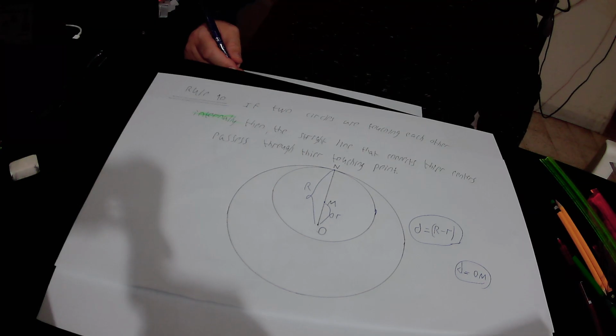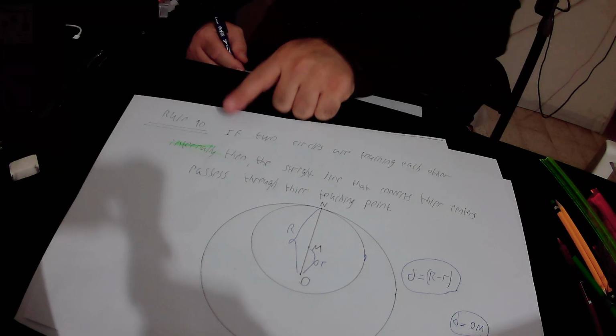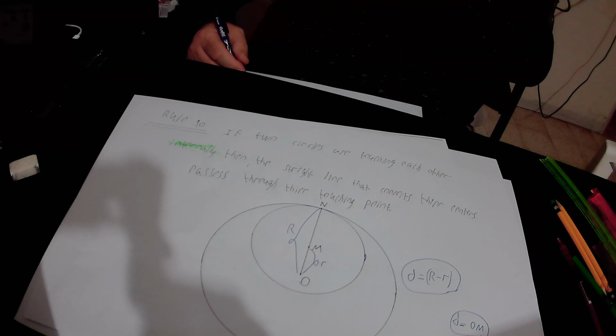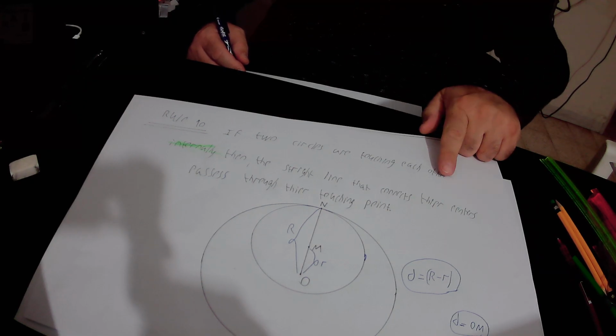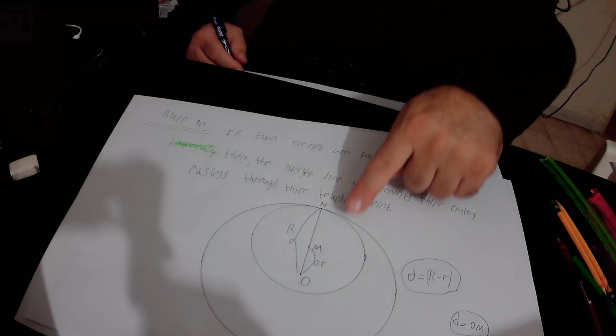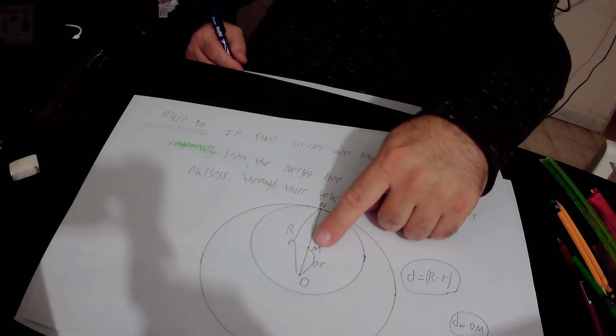So according to rule number 10, if two circles are touching each other internally, then the straight line that connects their centers together, that is to say OM, must pass through their touching point.